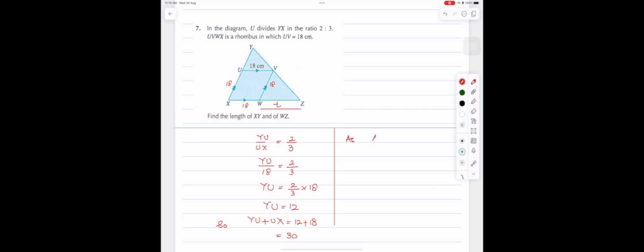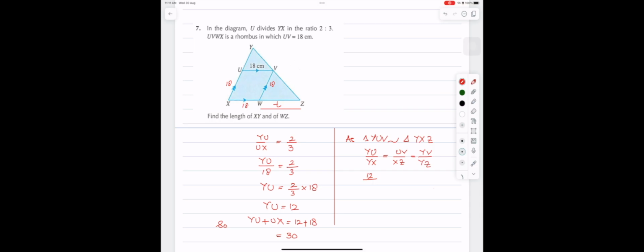Let that be t. And now again you can apply the property of similarity. Since these two triangles are similar, we are using the property of similarity. You can put the values of YU, which is 12, we have just calculated.